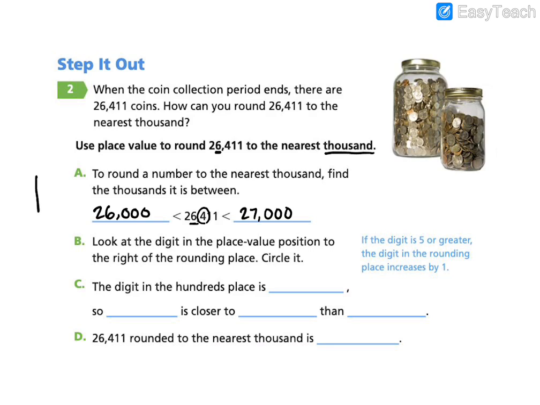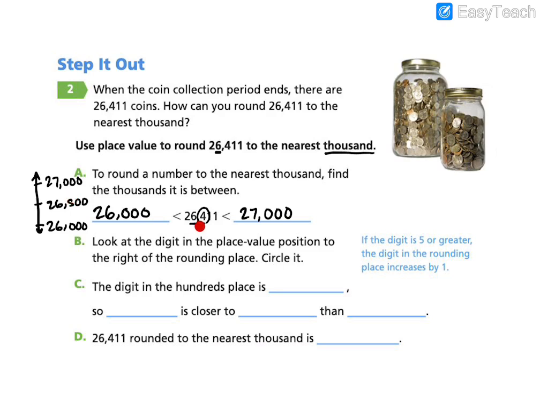Well, why is that? Okay, so if we're looking at our halfway point, we think about this on a number line. We have 26,000 here, and we have 27,000 here. What would the halfway point be? Well, the halfway point would be 26,500. See that digit 5? That's what it's referring to here, that digit being 5.